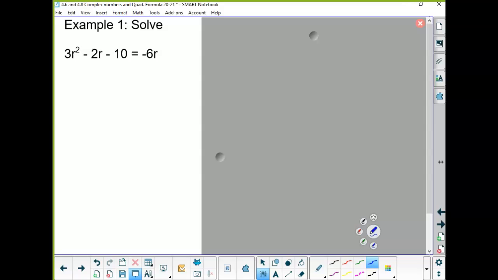We want to keep that positive or make it positive if it isn't. So that just means you have to move the 6r over to the other side with the addition. And we're at this point right here.